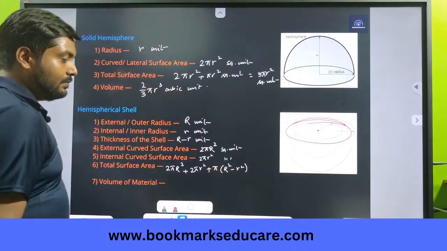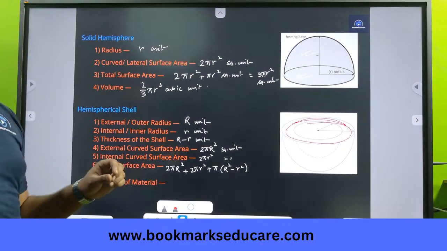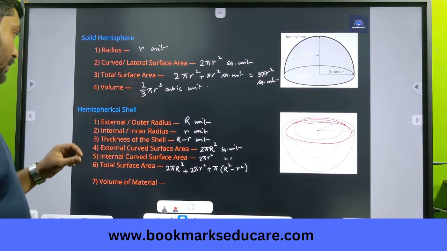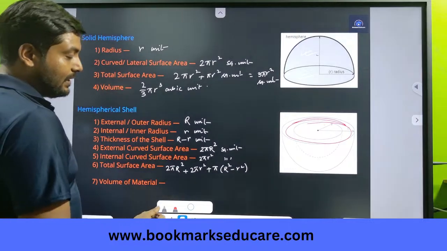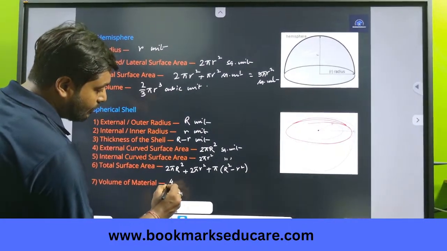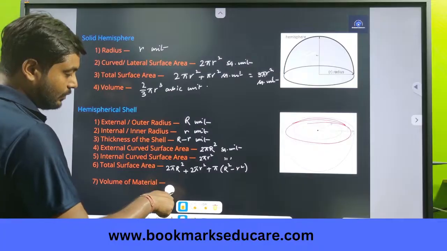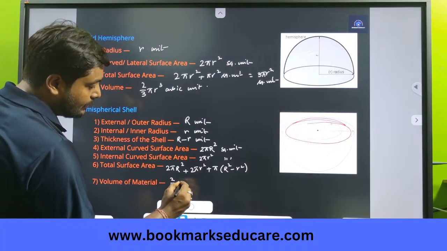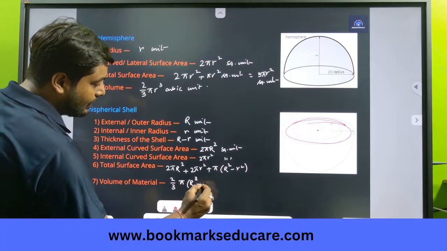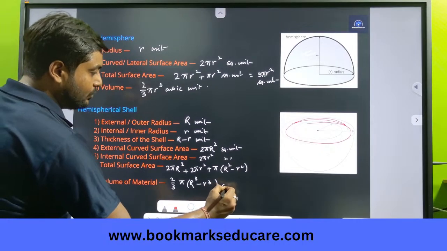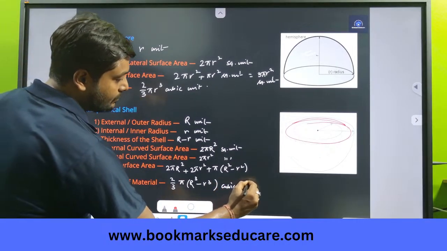This total sum will be the total surface area of hemispherical shell. And volume of material will be 2/3 pi capital R cube minus small r cube cubic unit.